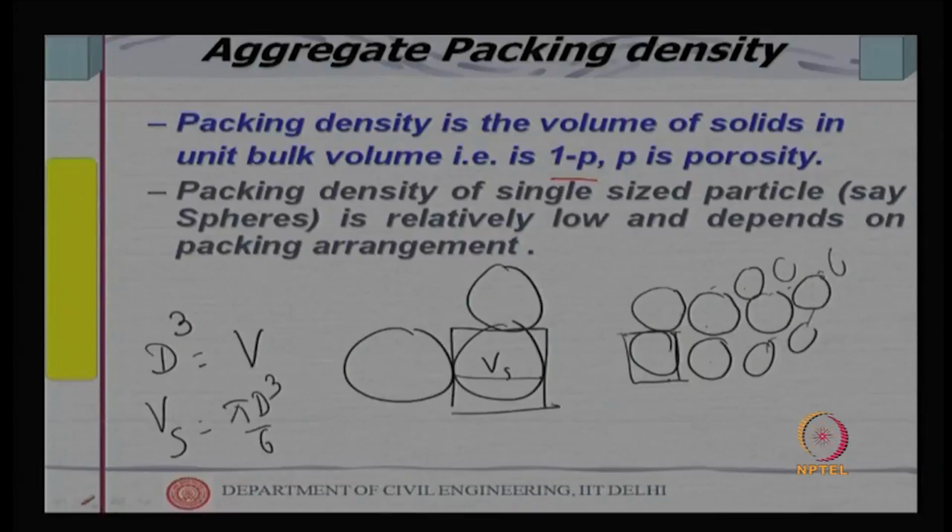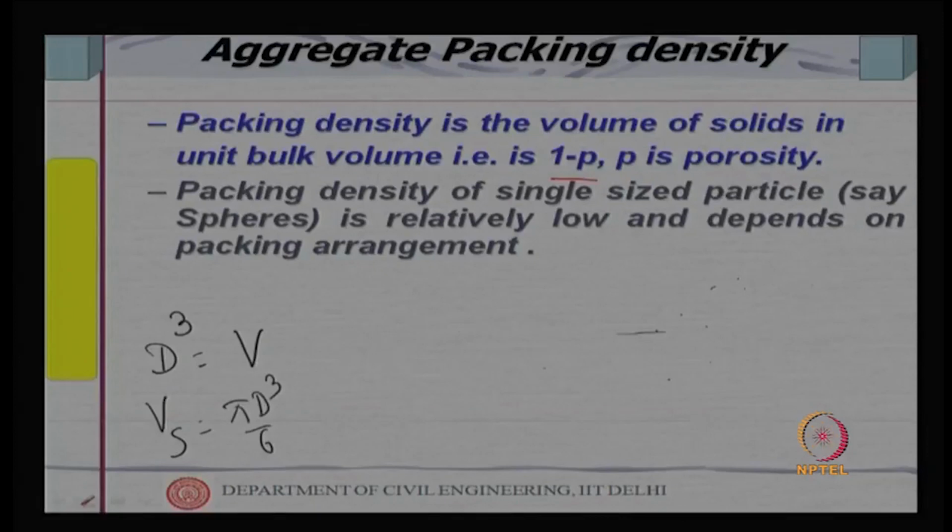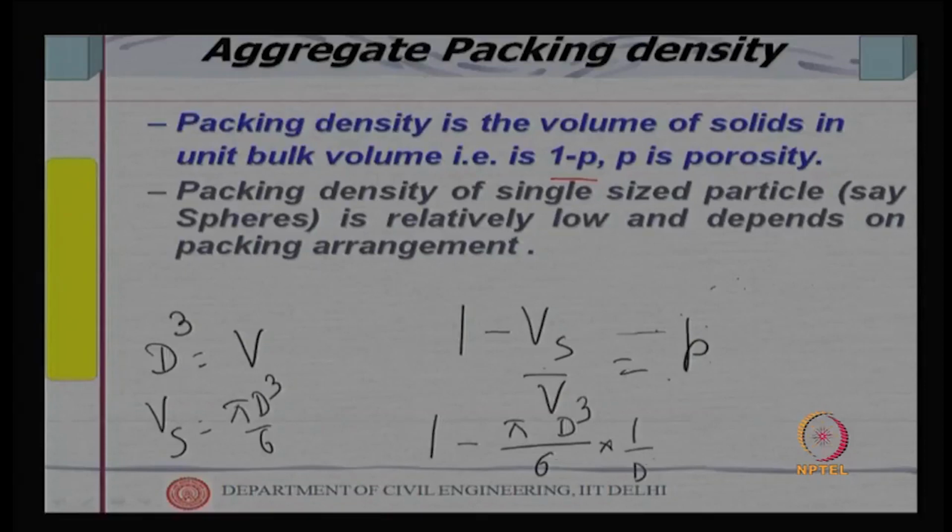So, porosity P will be given by 1 minus V s by V, that is 1 minus pi d cube by 6 divided by d cube, which will be simply 1 minus pi by 6, and this will be somewhere close to 0.48.